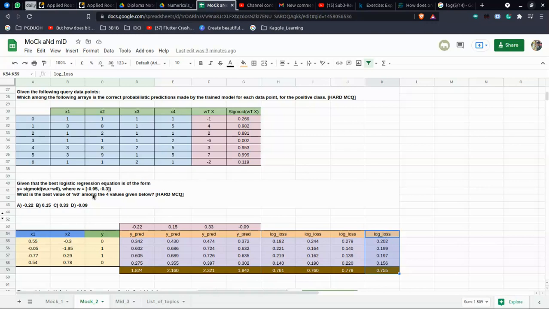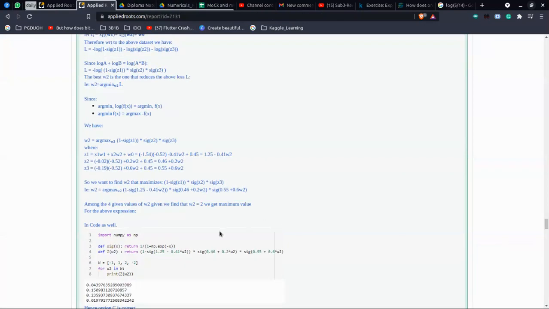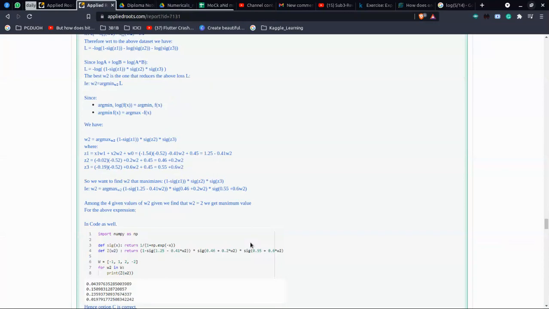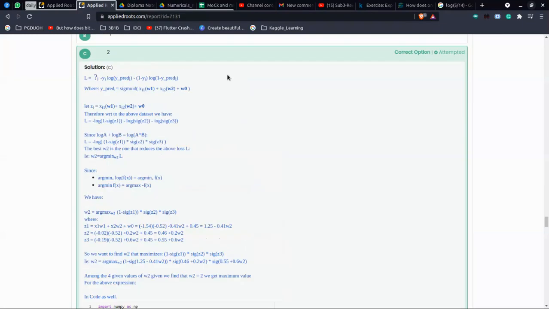So they can miss W1 maybe tomorrow. Let's see, who knows, right? And this method is also okay. I don't know why they are using this kind of a method. They are taking the log loss formula, then putting everything, and then they formulate the loss function and use some minimization formula.